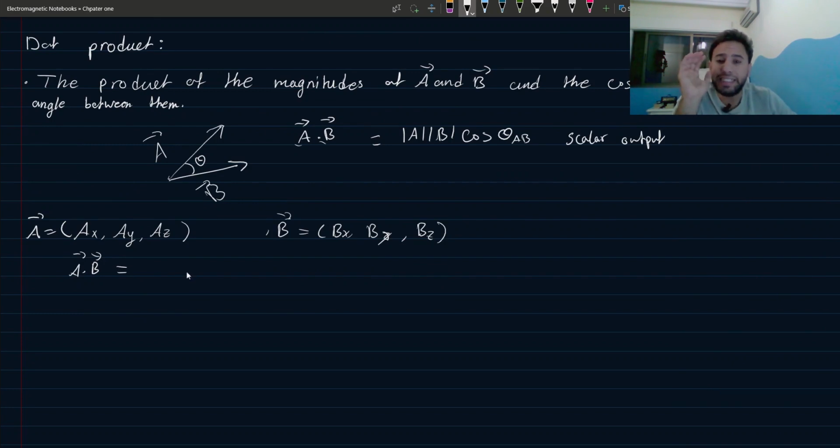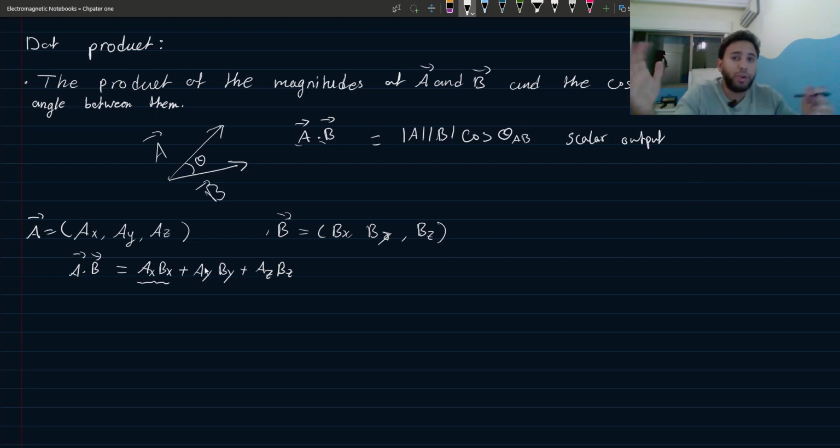It is as easy as multiplying like components. So we multiply AX by BX, plus AY by BY, plus AZ by BZ, and we get the value of A dot B. Now these will yield normal numbers, scalar numbers, not vectors.